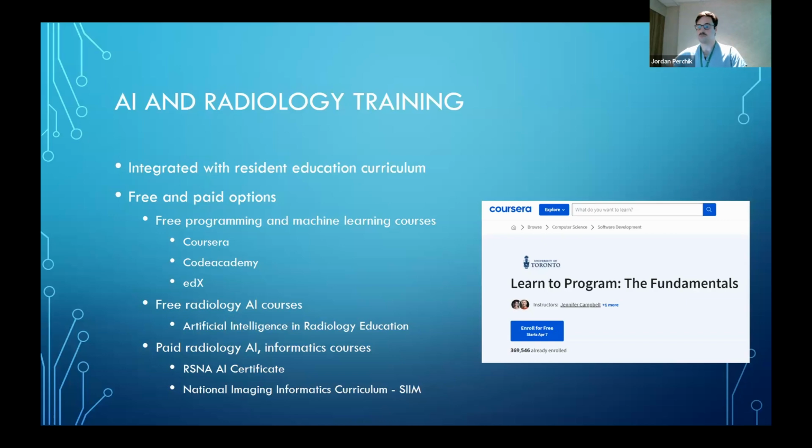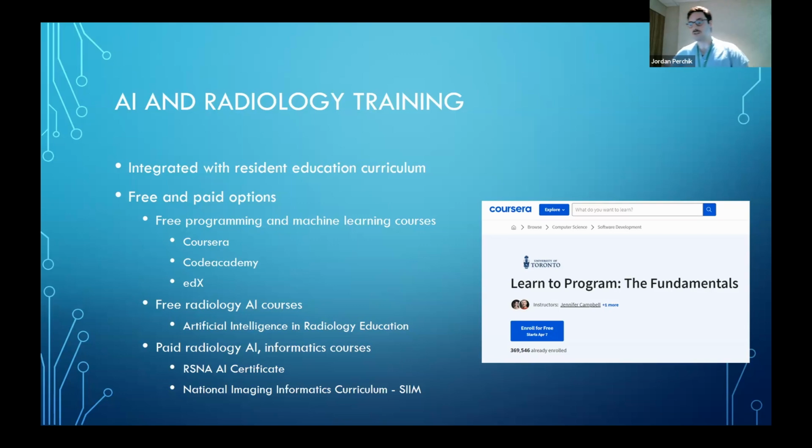There are CME courses that are offered through some of our professional organizations. That includes the Radiological Society of North America, which has an AI certificate. A national imaging informatics curriculum is offered through SIIM.